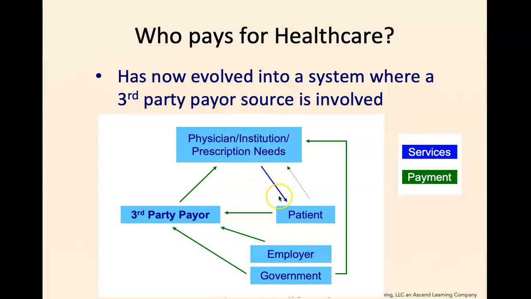So that's the blue arrow. Now, rather than the patient directly paying the provider of care, we now have a third-party payer involved, and that third-party payer, which is the insurance companies, are the ones responsible for paying the providers of care.